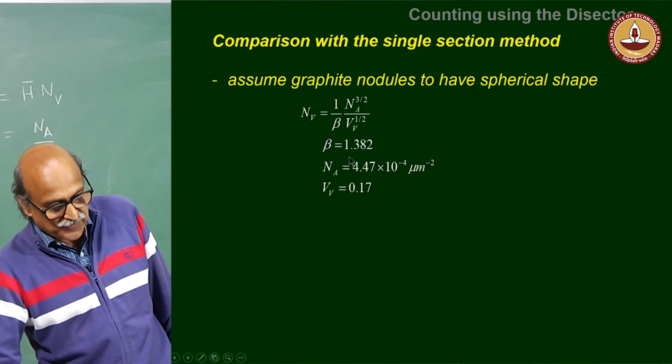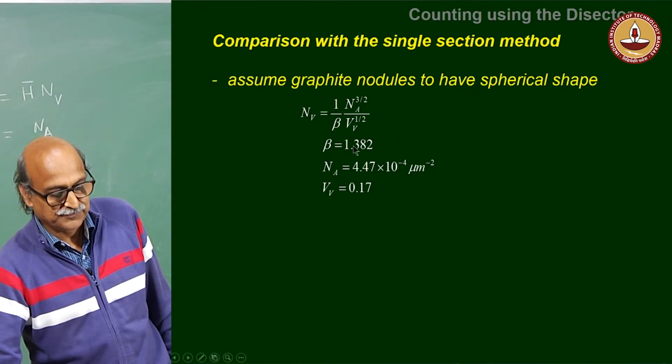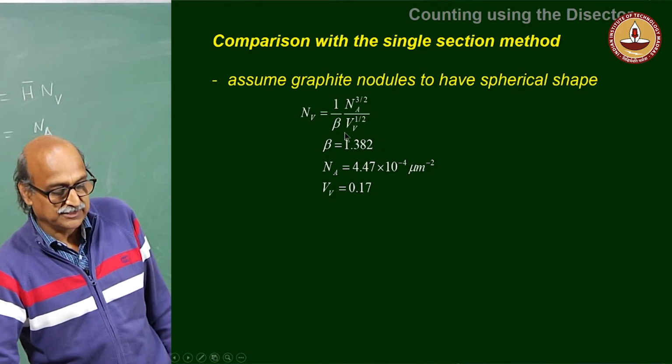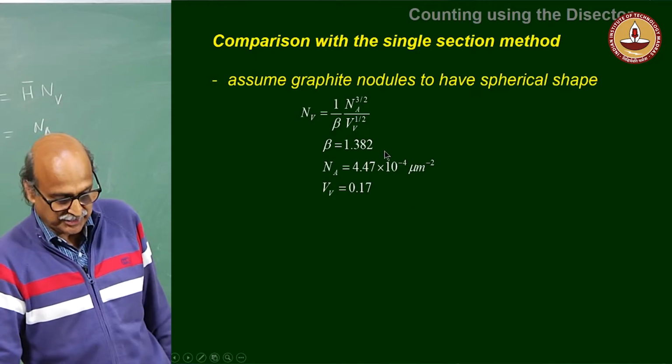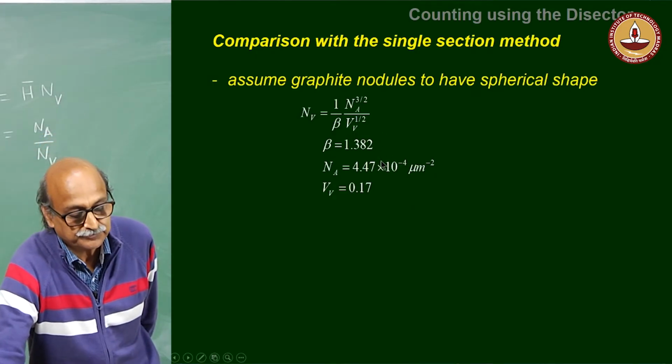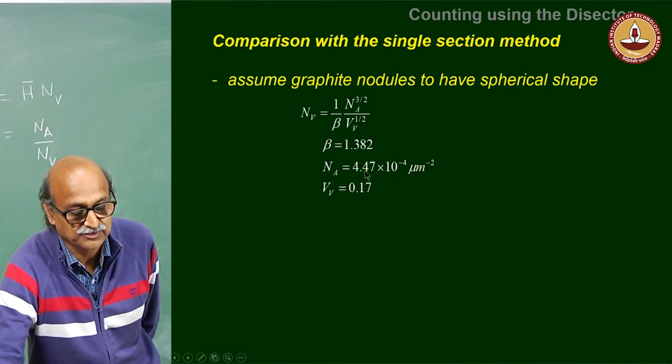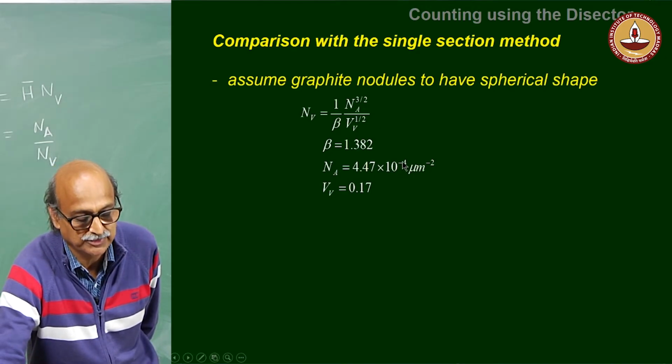So, assuming near about spherical particles, we can take this shape measure beta as 1.382 from the last lecture. Na I just mentioned, for one section it was 4.47 into 10 to the power minus 4.